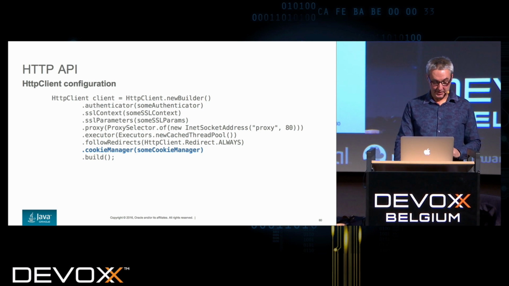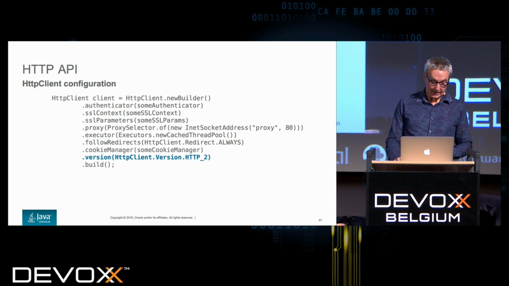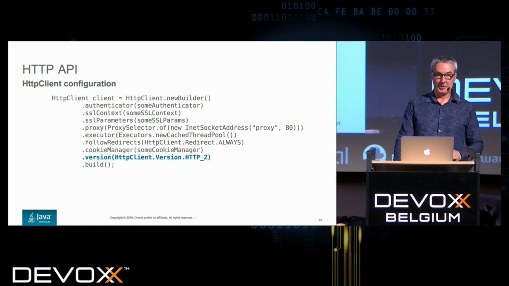and this cookie manager also, that's possible. And then finally, we have a version method which allows you to specify either this must be HTTP1 or you're allowing for the possibility of HTTP2. I didn't mention this earlier, but what's interesting about HTTP2 is that there's no particular additional overhead with speculatively selecting HTTP2 and then falling back to HTTP1.